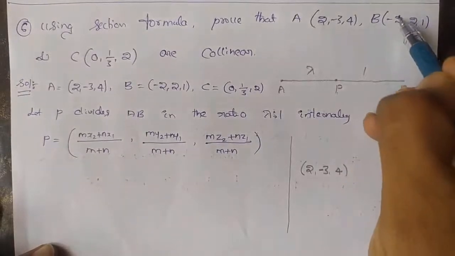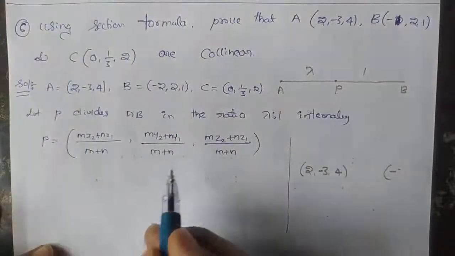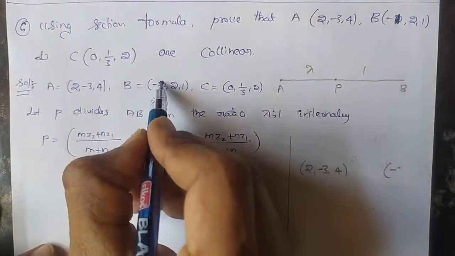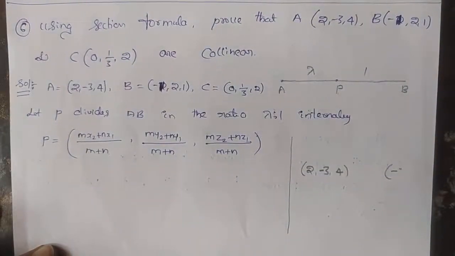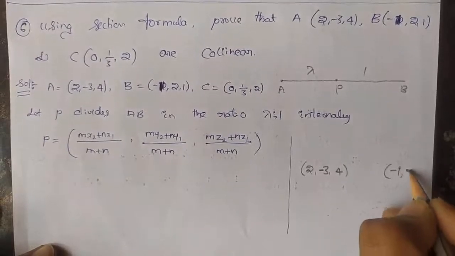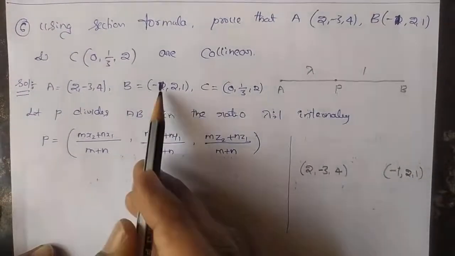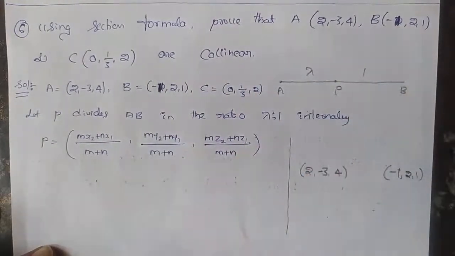This B coordinate is minus 1, comma 2, comma 1. So the B coordinate is -1, 2, 1. You just make a correction. It is not 2, it is minus 1.